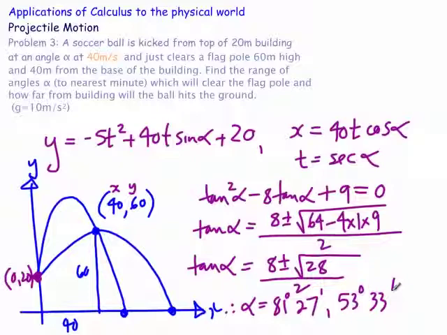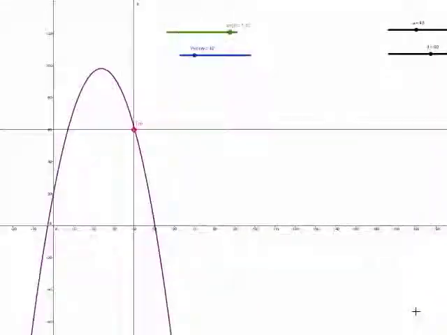But let's just have a look at these two angles in our GeoGebra. You can see here I've set the angle at 1.42. This is in radians, and that's equivalent to about 81 degrees 27 minutes. You can see it just clears the top. And the other angle, 53 degrees, is about 0.93 radians.